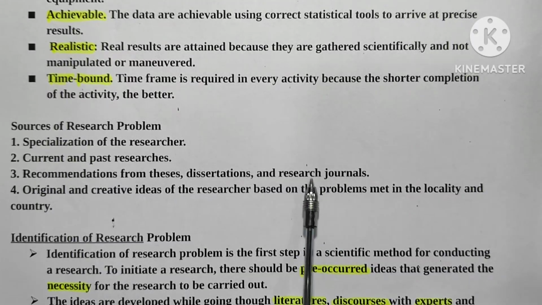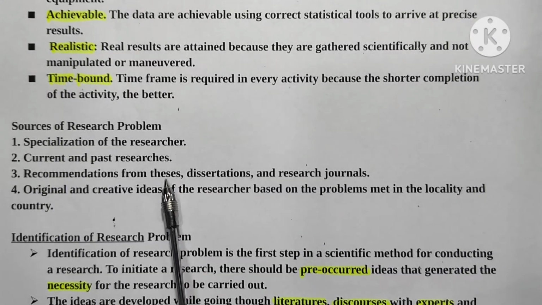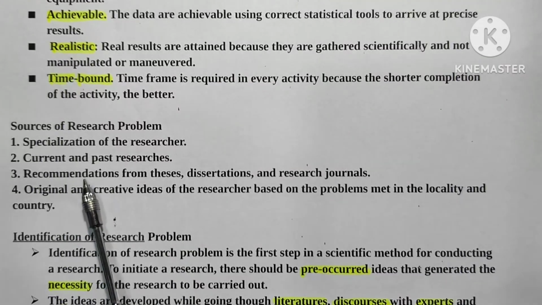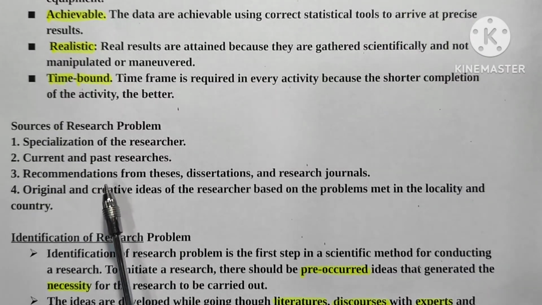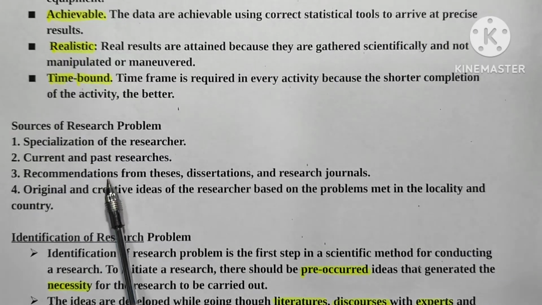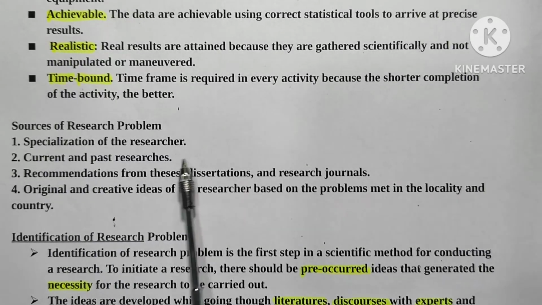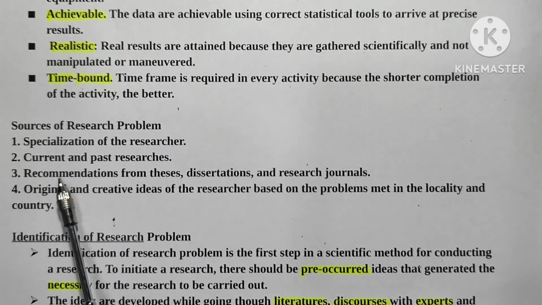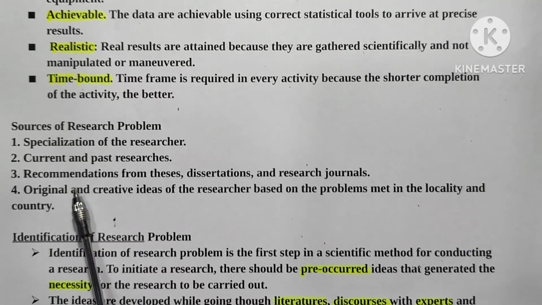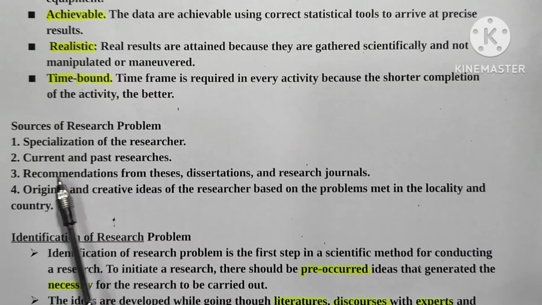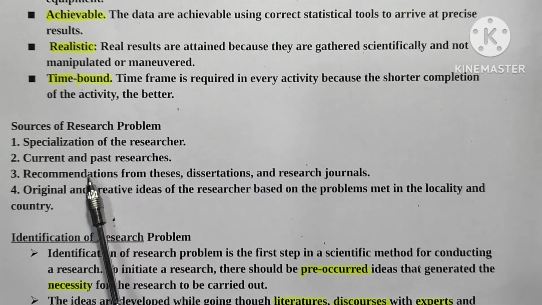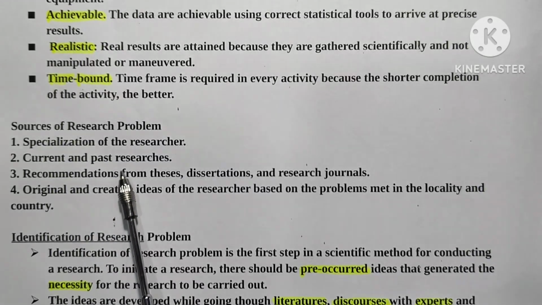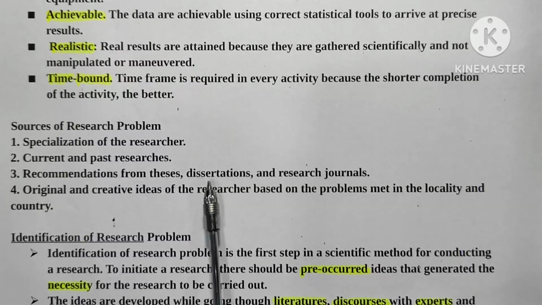When you read research journals or dissertations or theses of others, from their recommendations, if they recommend that an in-depth study has to be done on this topic, and you can conduct more about the symptoms or diagnostic tests, like that, if they have given any at the end. Even you also have to write recommendations after the completion of your study. But from those recommendations, you can take the source and select a research problem.